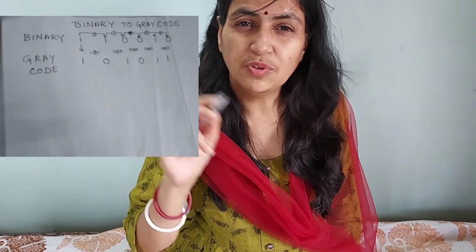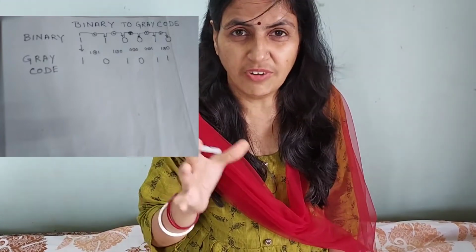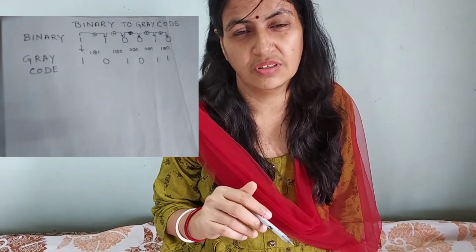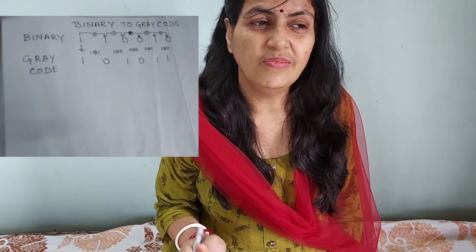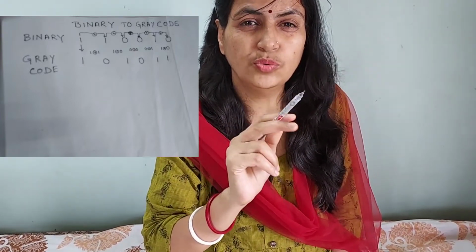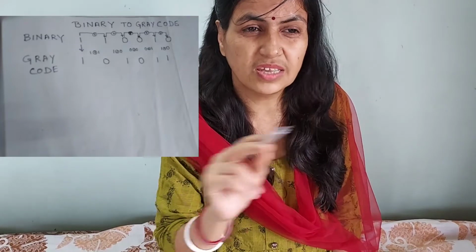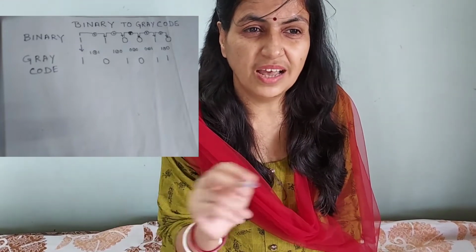Now we have to convert gray code into binary code. In binary to gray code, we operate on the binary numbers from left to right, using the second, third, fourth, fifth and sixth bits in this way.